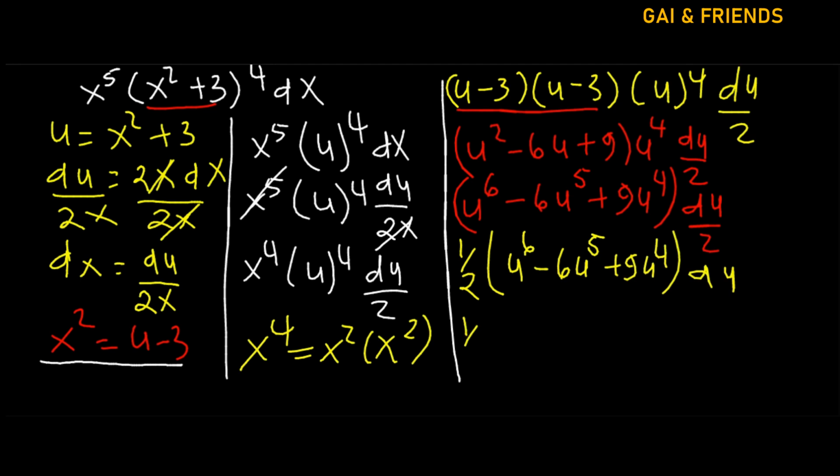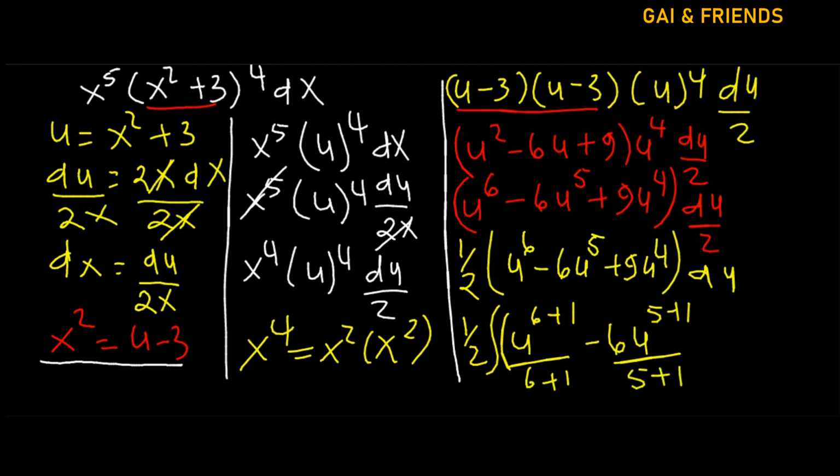It's going to be a half integral u raised to the power 6 plus 1 out of 6 plus 1 minus 6u raised to the power 5 plus 1 out of 5 plus 1 plus 9u raised to the power 4 plus 1 out of 4 plus 1.